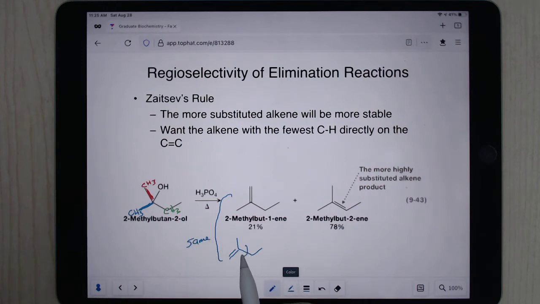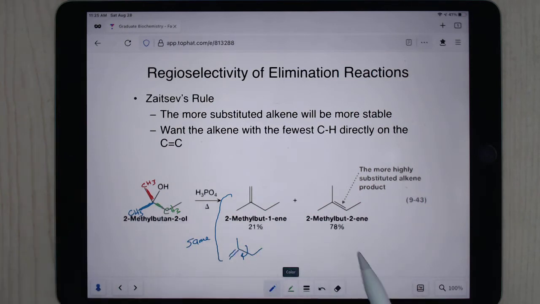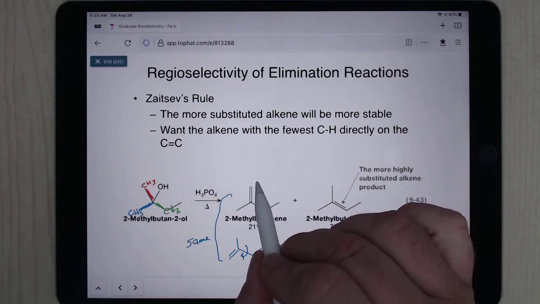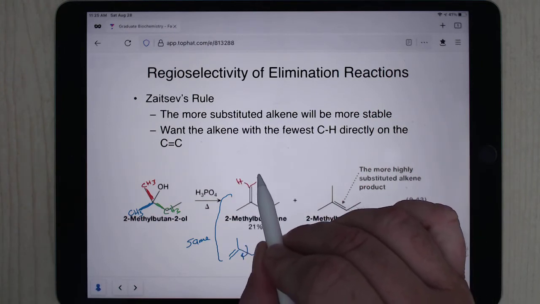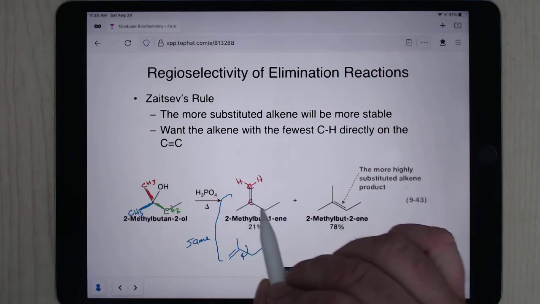If you rotate around that single bond, which is totally fine to do, these are actually the same product. And then the green one would be here. But if we look at this, for the red one, there's 2 hydrogens on this carbon. That carbon doesn't have any because there's just carbon-carbon bonds.